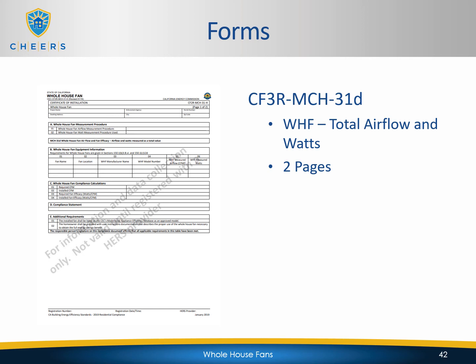So you're going to have one measurement for each. If you use the blower door and the utility meter, you're going to have a single airflow value and a single watt value, and that's where it's going to be on the 31D. So you have 4 different options, and it allows for flexibility in the different types of equipment and methods that you can use to measure the airflow and watts. And then the form will add, sum and calculate as needed to get those final values.